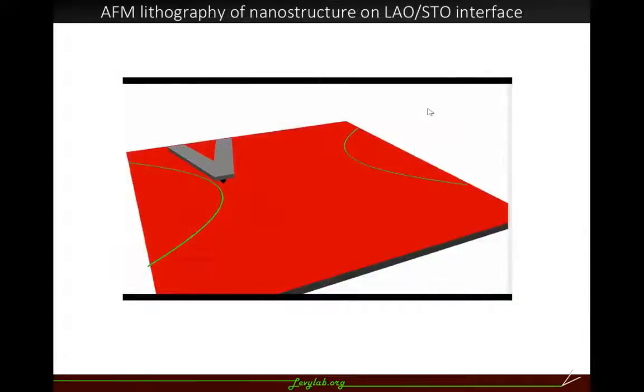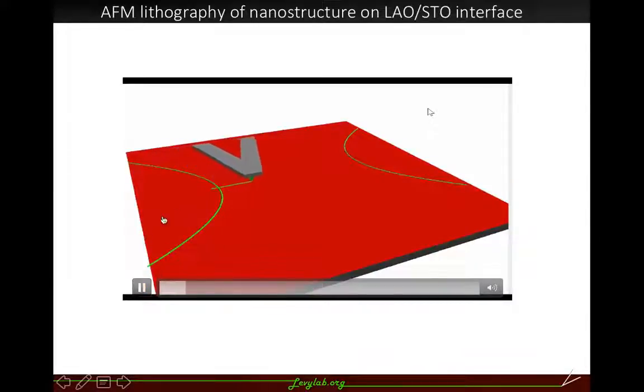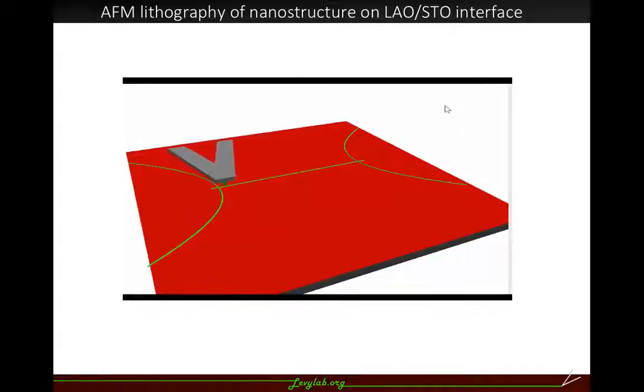This is a demonstration of how we can create a nanostructure on the interface. The tip applies a positive voltage and creates a channel, a nanowire, and we can also erase the nanowire partially by applying a negative voltage.